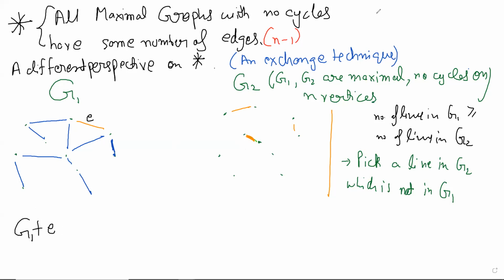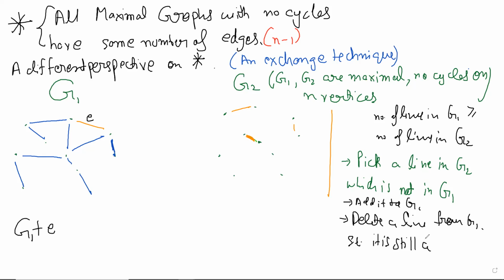So what I will do now is delete a line from G1, such that it is still a graph with no cycles and maximal, still of the same kind.